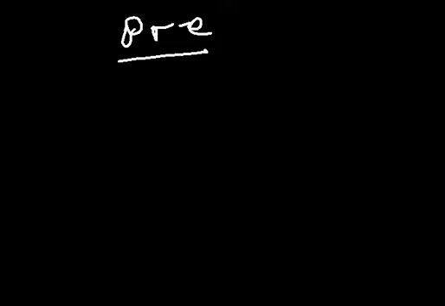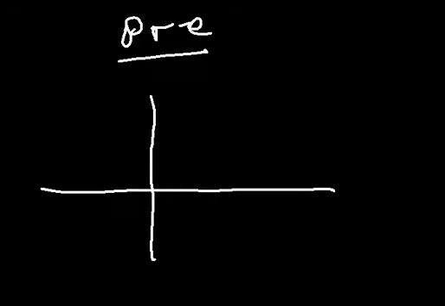And in the same way, pre-calculus mathematics can tell you the direction of an object which is moving in a straight line path. Let's say we have a two-dimension coordinate system, this is the y-axis and this is the x-axis.